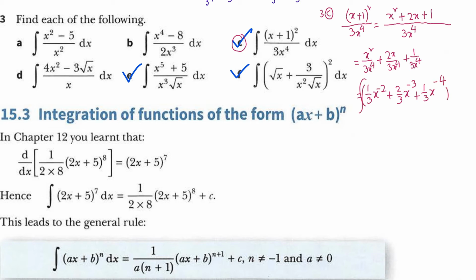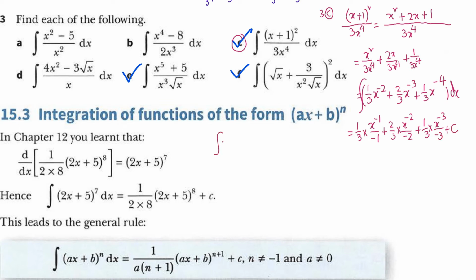Let me apply integration with respect to x, and it is 1 by 3 into x to the power minus 1 divided by minus 1, because minus 2 plus 1 is minus 1. The next one is plus 2 by 3 into x to the power minus 3 plus 1, which is minus 2, divided by minus 2, plus another 1 by 3 into x to the power minus 3 divided by minus 3 plus c.